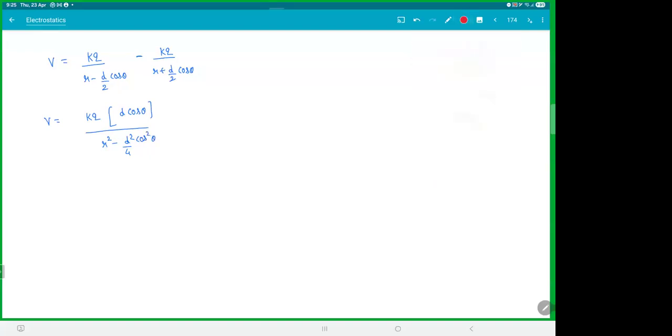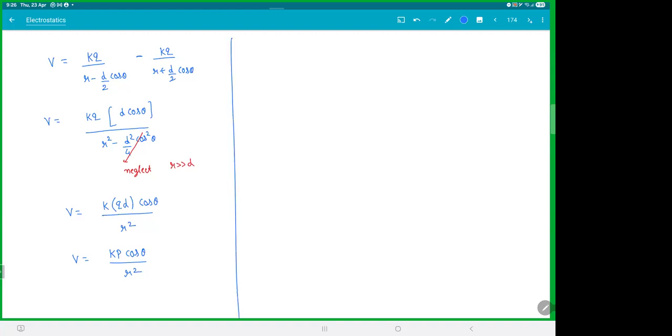You can neglect this term here since R is much greater than D. Then you get V is equal to K into QD cos theta by R square. And QD is nothing but your dipole moment, so V is K P cos theta by R square. This is the potential at a point due to the dipole, where R is the distance from the center and theta is the angle. We'll put it in a more usable form later on, but that's how your derivation goes.